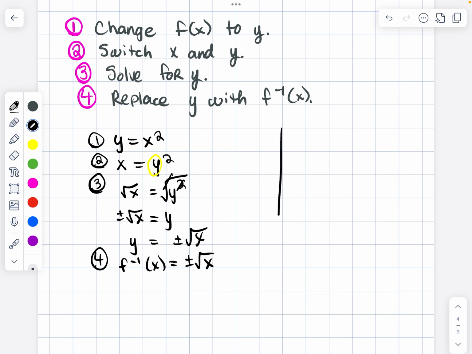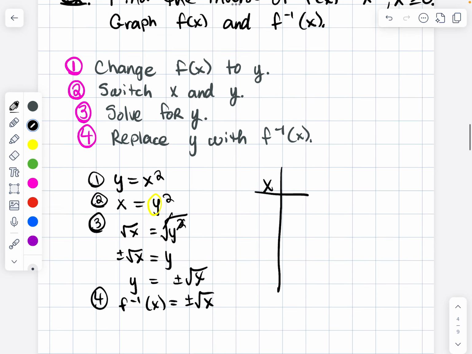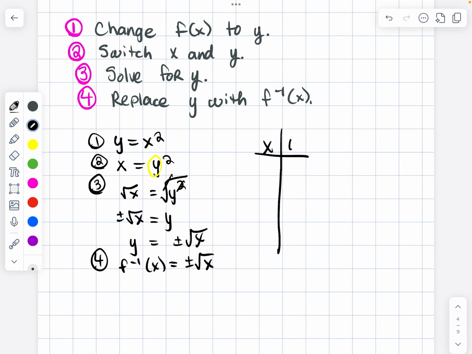So first off, let's talk about our xy table, where y is x squared, right? So we're going to do simply -2, -1, 0, 1, 2. And then for x, we're substituting each of these values.